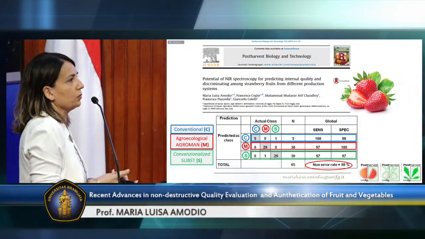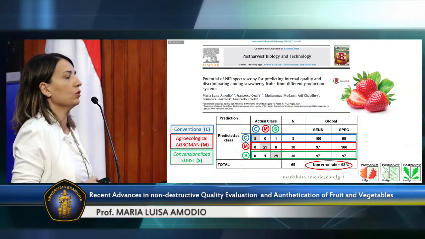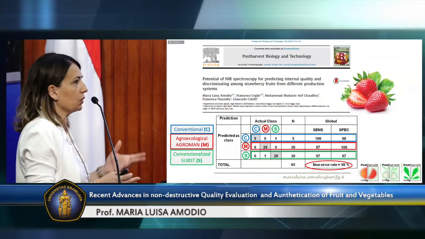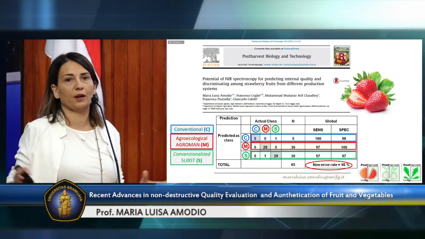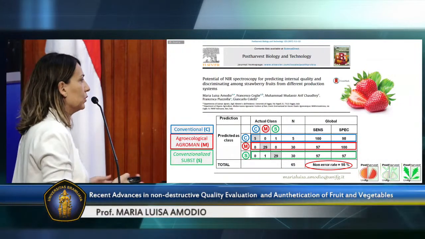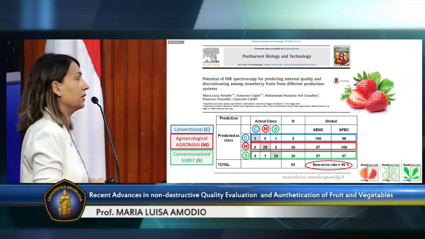So it's more similar to conventional, but you use what is allowed by the certification, because we know that organic certification is a wide framework, and you can do many different things inside that.